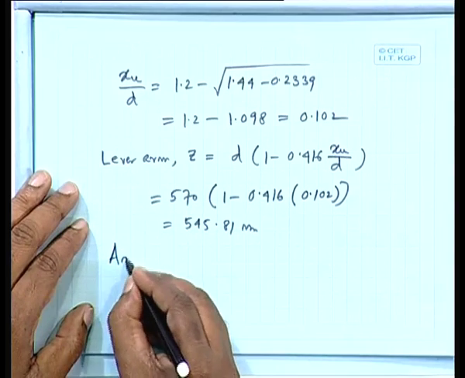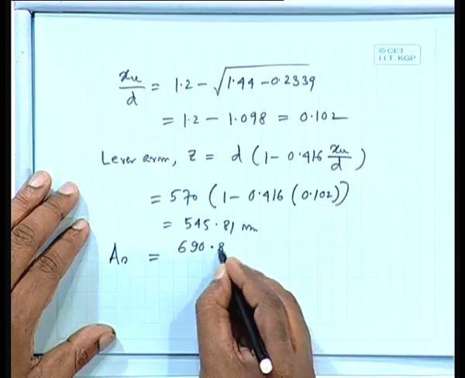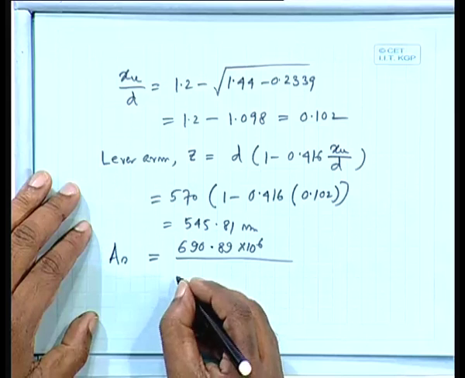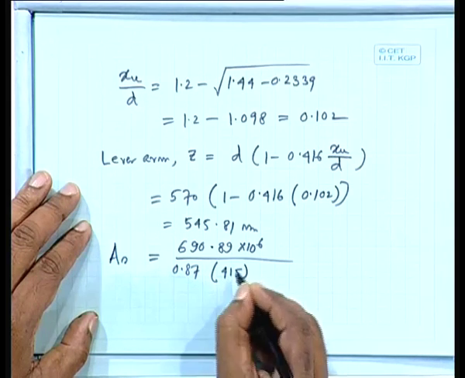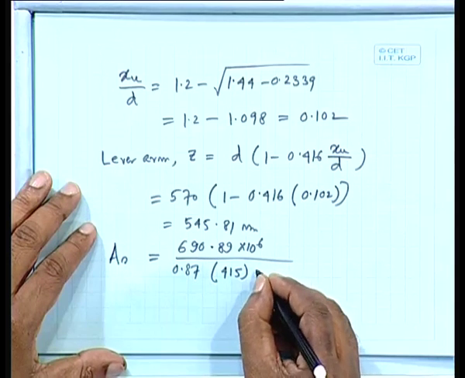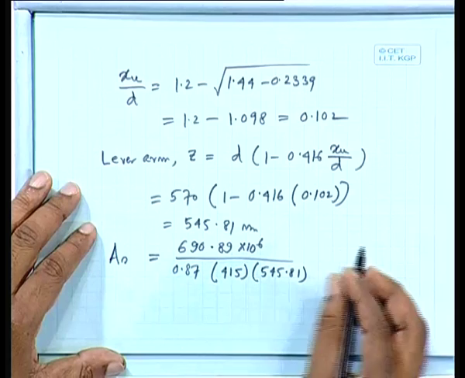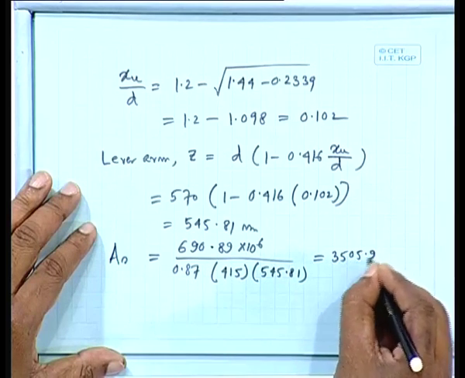Area of steel, due to moment, is 690.89 into 10 to the power 6 divided by 0.87 times 415, that is fy, times the lever arm 545.81, which comes as 3505.9.